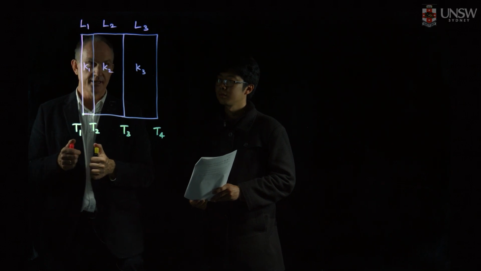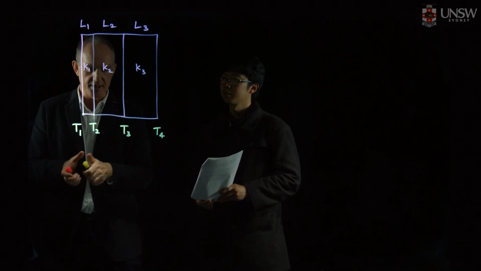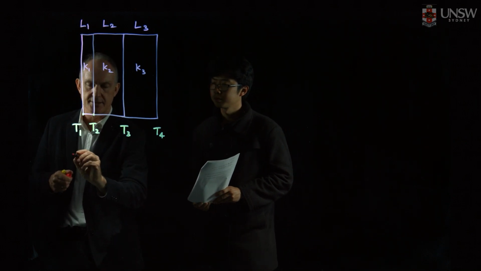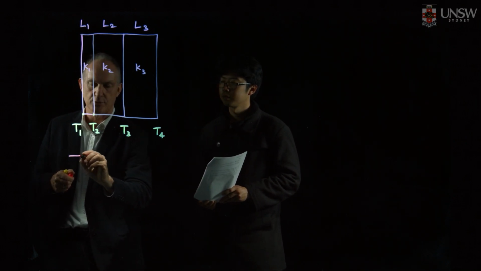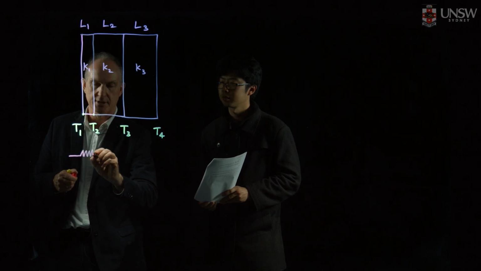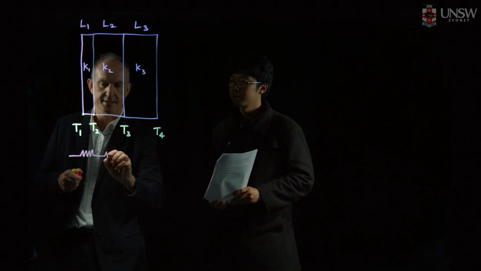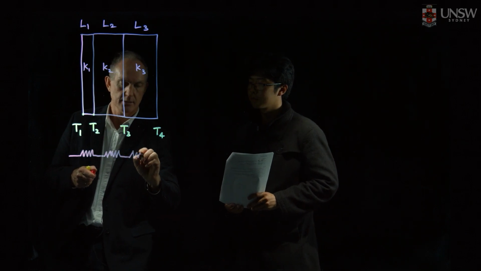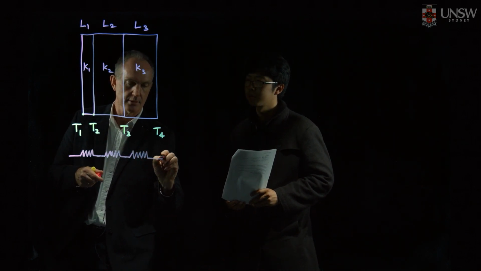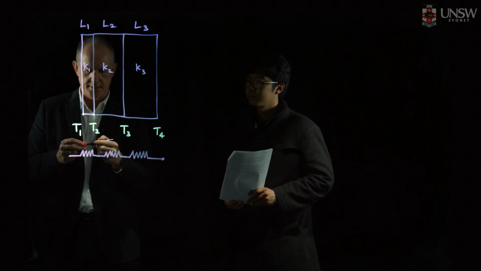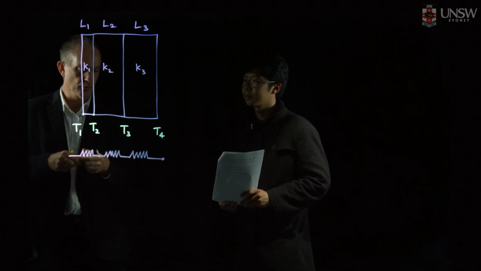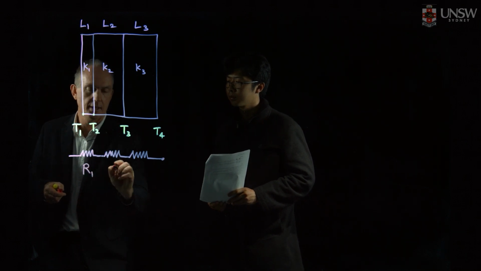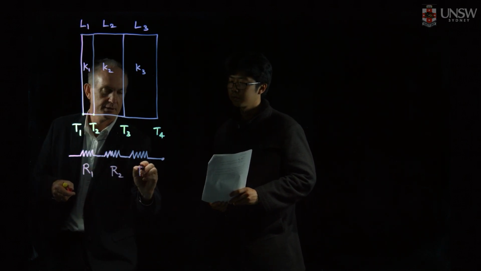Now, I think it's always useful to understand that what we're dealing with here is a thermal resistance problem. So let's look at the thermal resistance here. There's a thermal resistance. We'll have thermal resistance 1, 2, and 3.